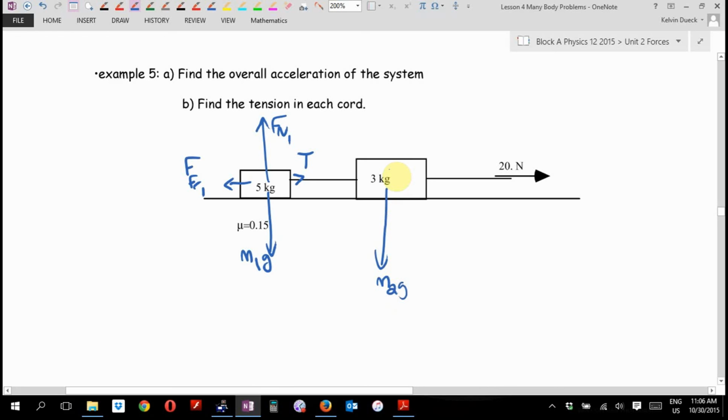What else, Ty? I'll call it normal force number 2. I think it's the same size as gravity because there's no other vertical forces. What else? Ooh, there's an applied force to the right of 20, FAPP. What else? There's 2 forces to the left. Tension and friction force number 2.